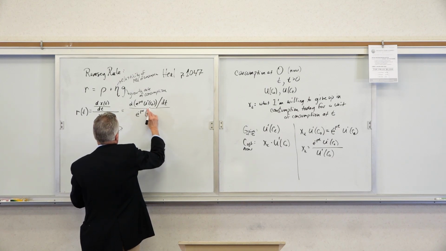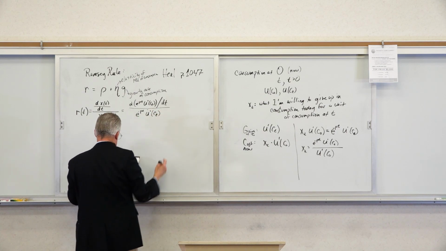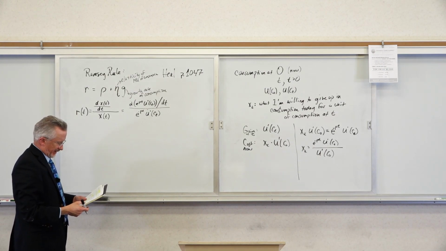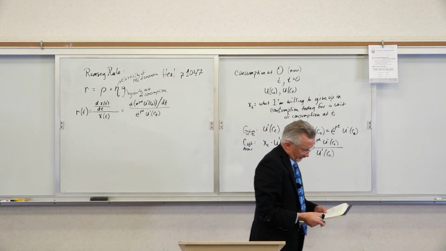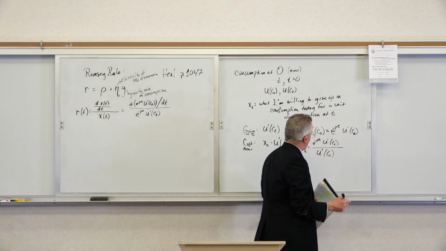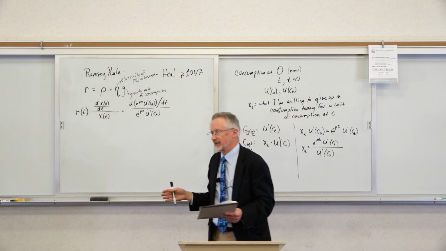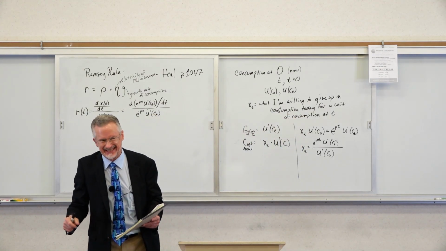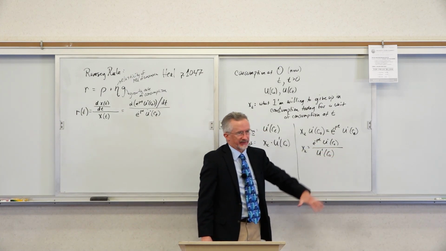All right, good. And I can take this part out because that's not a function of c_t. It's not a function of t. That's just whatever it happens to be, right?